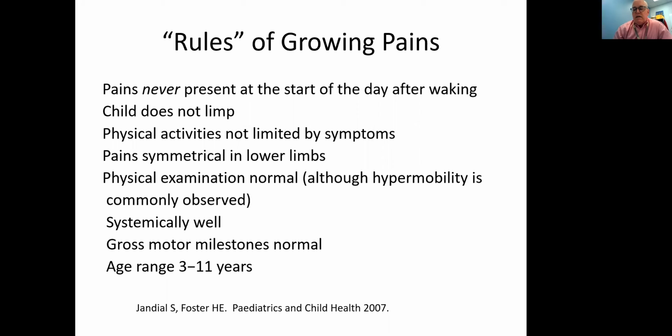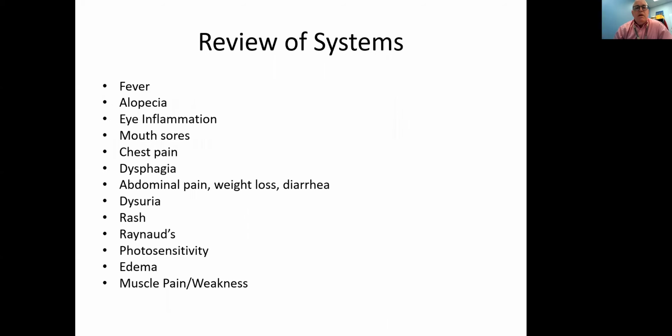But these can help you with how worried you should be about this patient. Review of systems, you guys are all going to be really good at this. You can get hints from all parts of the body about our diseases.